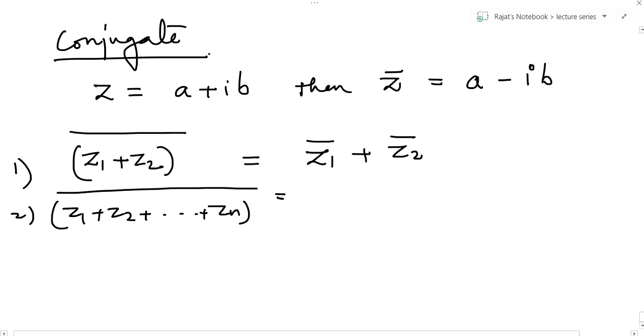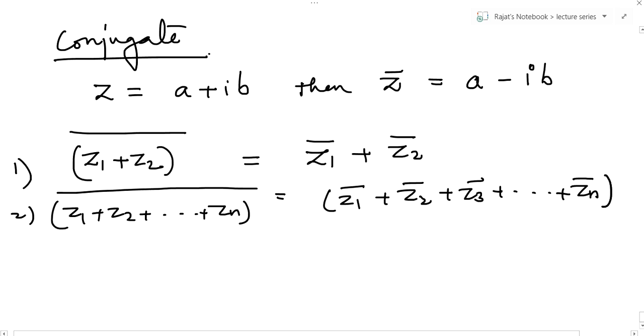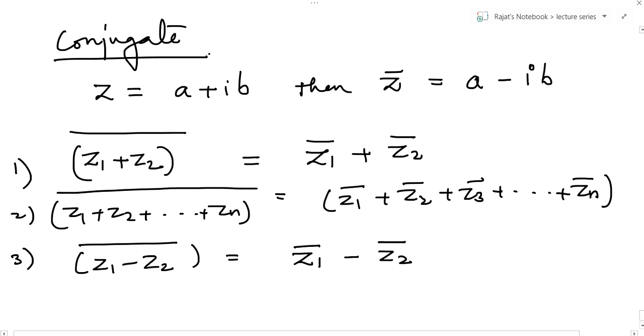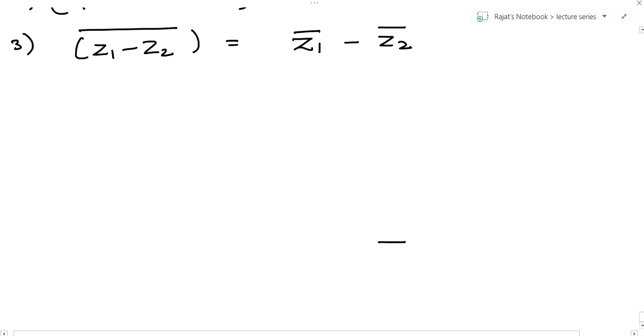If I want to find the conjugate of the sum of n complex numbers, this will be conjugate of z1 plus conjugate of z2 plus conjugate of z3 plus and so on up to conjugate of zn. This is valid for negative also, so conjugate of z1 minus z2 will be z1 conjugate minus z2 conjugate.